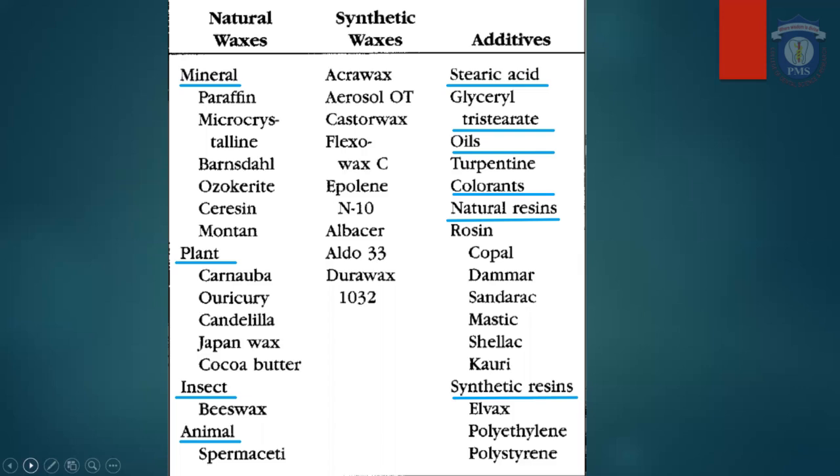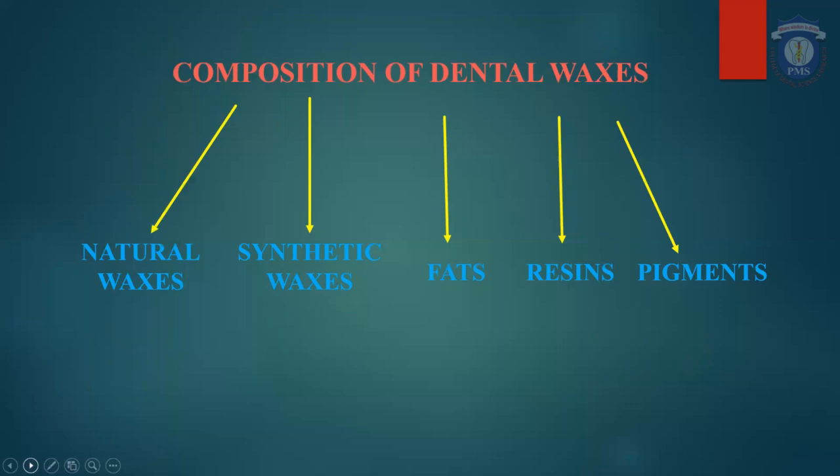Okay, and then we have oils, colorants, then resins, and also synthetic resins. Okay, so basically the major component is a natural wax, and to that some minor additives like fats, resins, pigments, and synthetic waxes will be added.